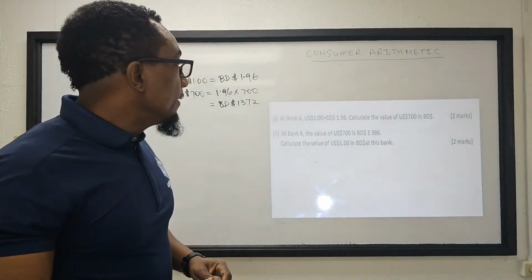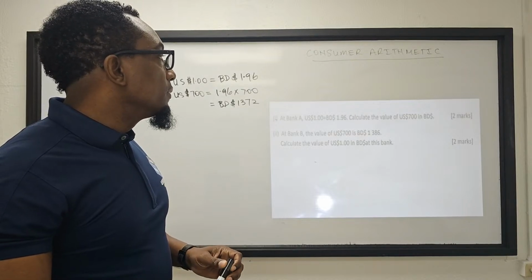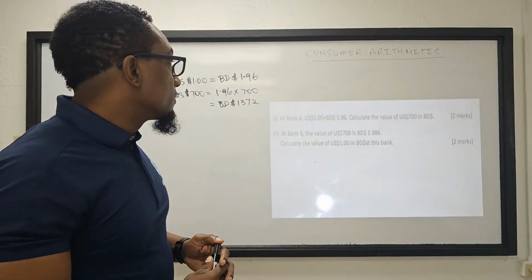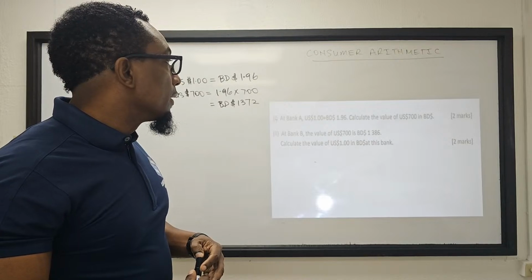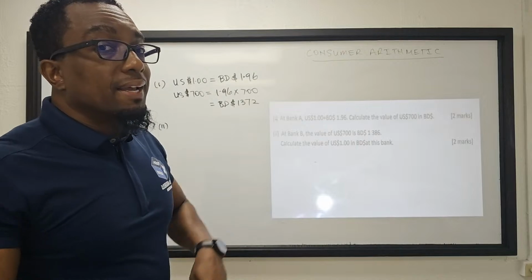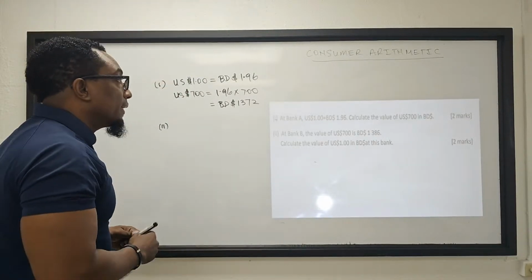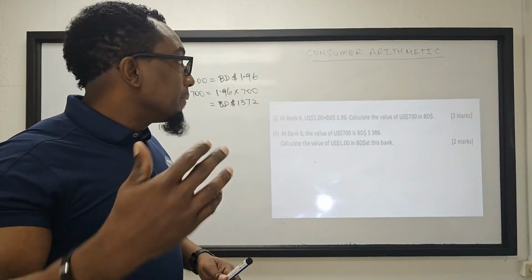At bank B, the value of US $700 is equal to Barbados $1,386. Calculate the value of US $1 in Barbados dollars at this bank. Again, straightforward, you know the rate of exchange, let's use it. And again, we have to convert from US to Barbados, so Barbados will be on the right.